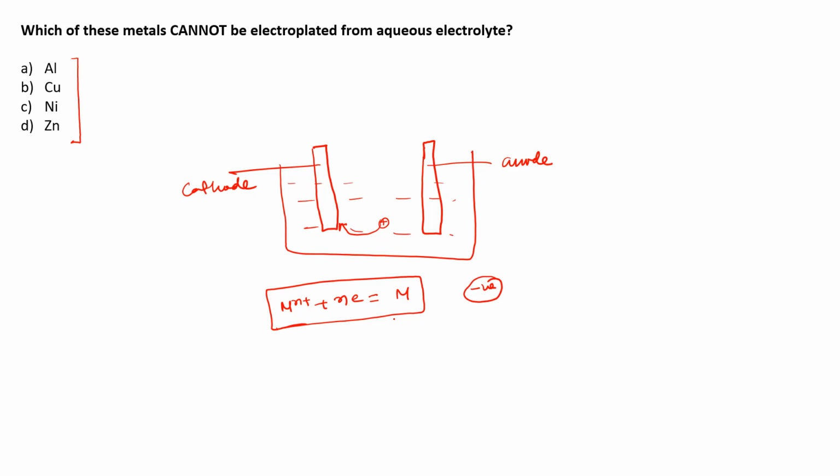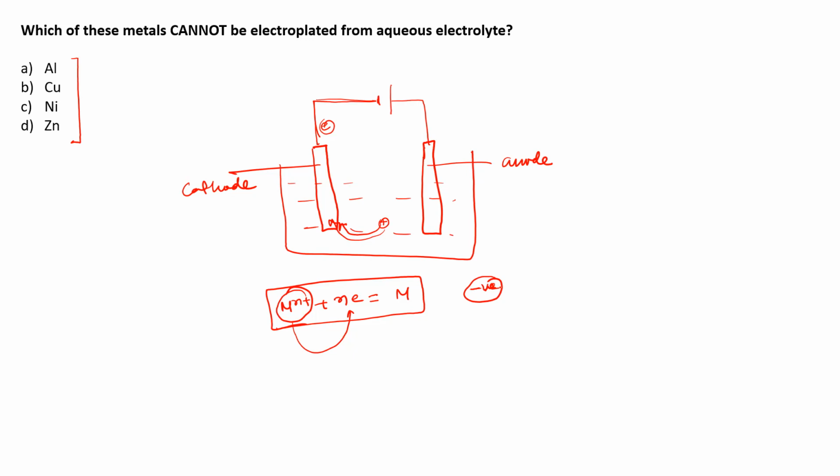For deposition we need to add the ion Mn plus, and there will be electron flow, because electrons will come and this ion will get attracted over here and form the deposition. But if the reduction potential is very highly negative, this reaction will not be favored.